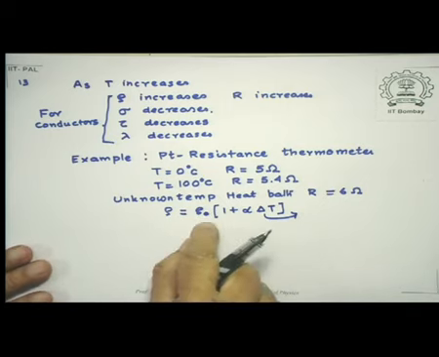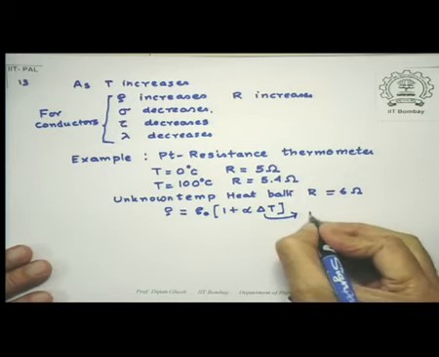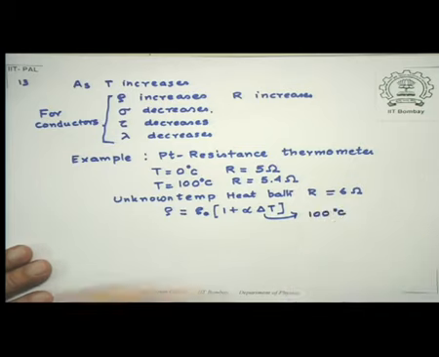In this case, we take the reference temperature to be 0 degrees centigrade and delta T is 100 degrees. Now, since we are talking about a particular sample, the resistance obviously follows the same rule because the dimensions have to be multiplied on both sides.